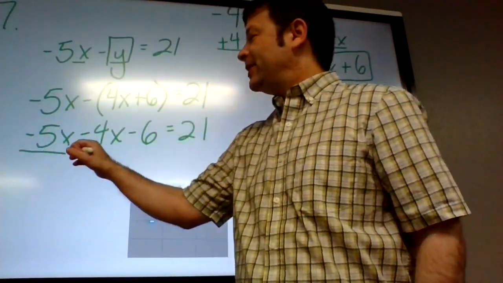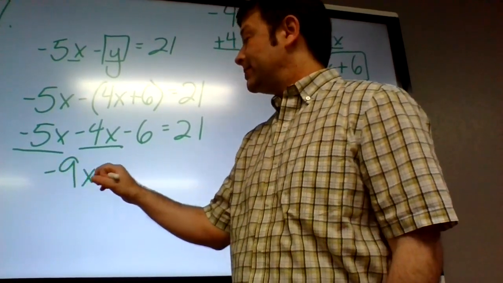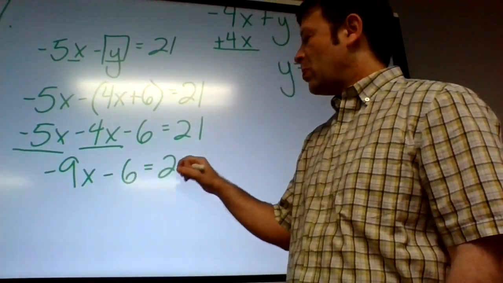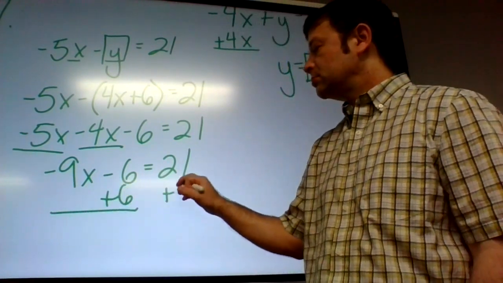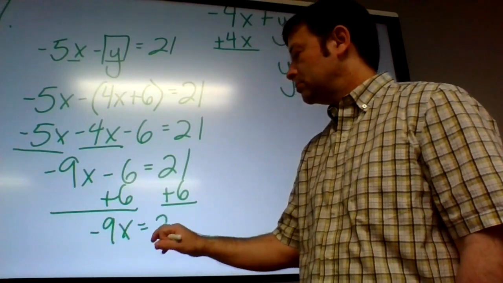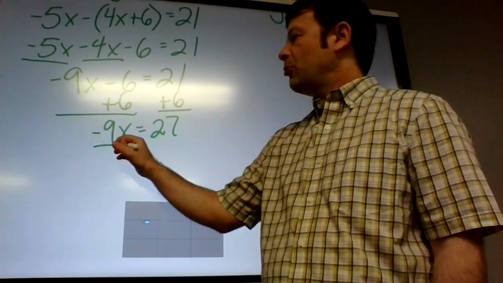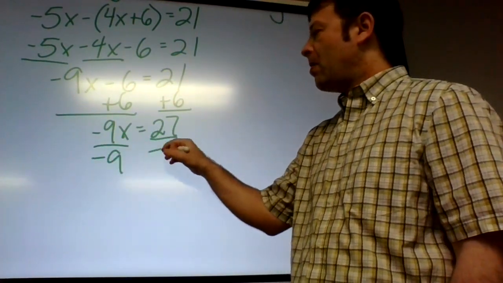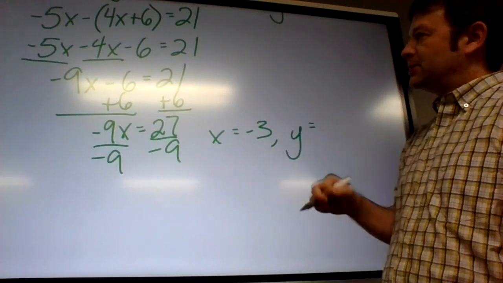Okay, negative 5x minus 4x is negative 9x. So I got x is -3.